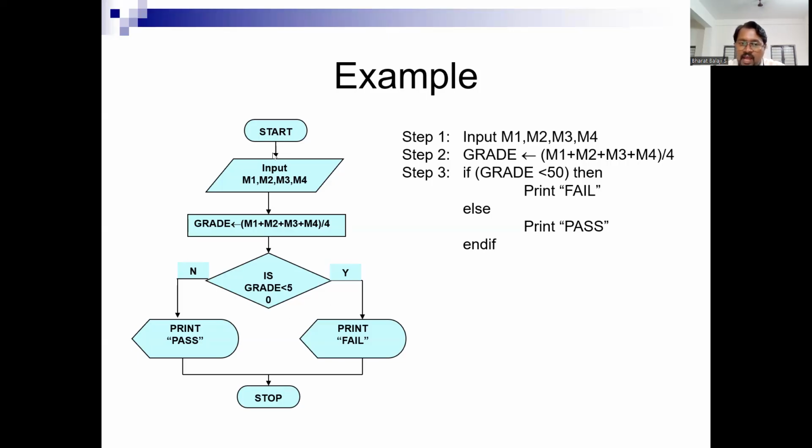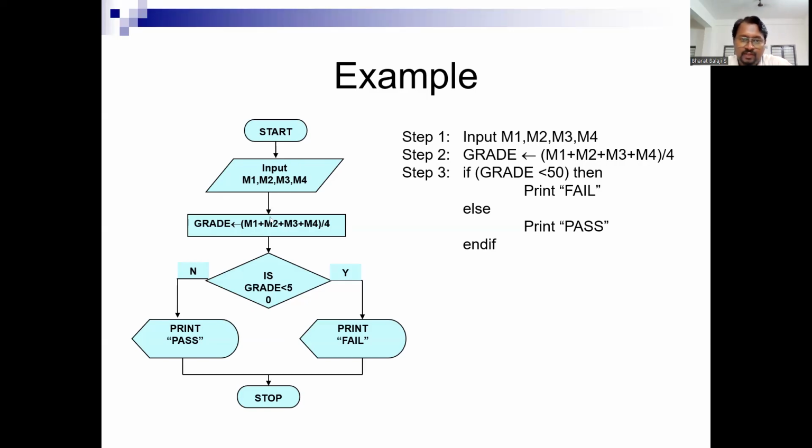After start, the arrow mark shows that the flow moves from here to here, of course, the computer going from here to here. This indicates the input values have to be taken: we take the input values n1, n2, n3, n4 marks.